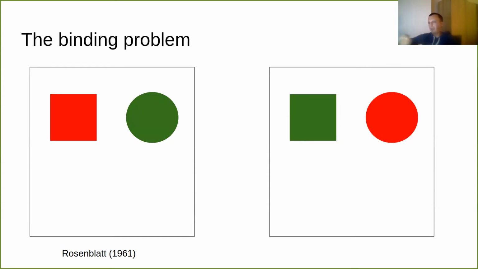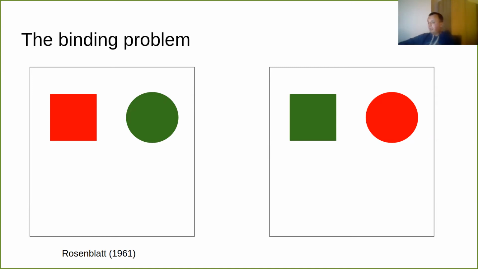And this is actually the unit coding for red square. So basically, our visual system has this conjunctive code that encodes for a particular constellation of features. And if you activate one of these conjunctive codes, then you know what exactly is present, a red square or a green square, for example.